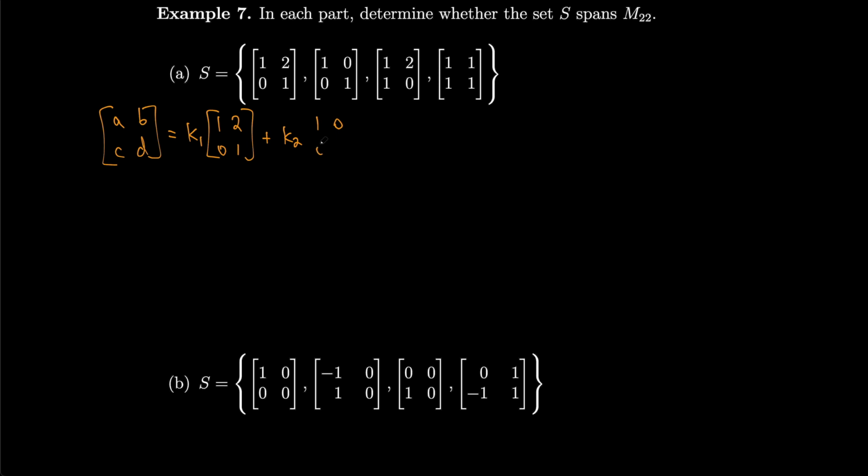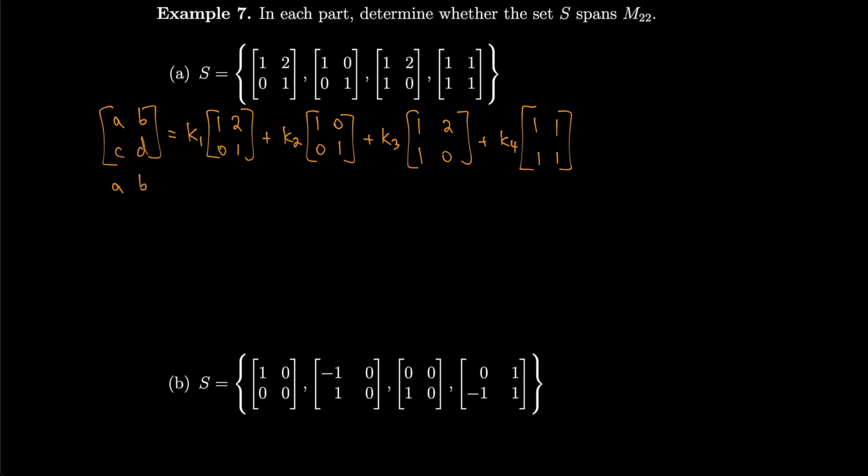0, 0, 1, plus K3 times 1, 2, 1, 0, plus K4 times 1, 1, 1, 1, and let's see if we can actually find K1, K2, K3, and K4 that'll work.